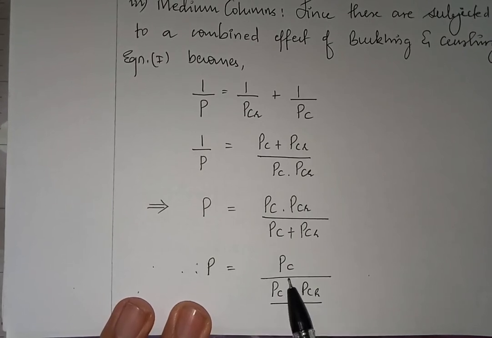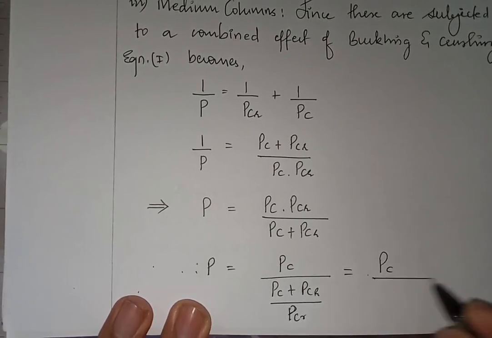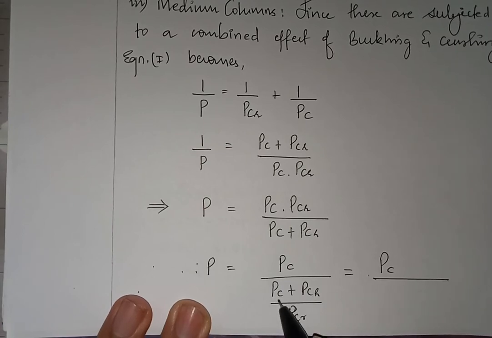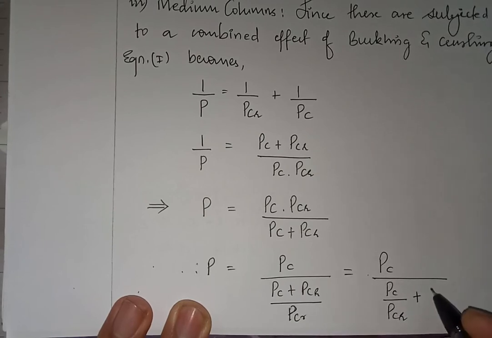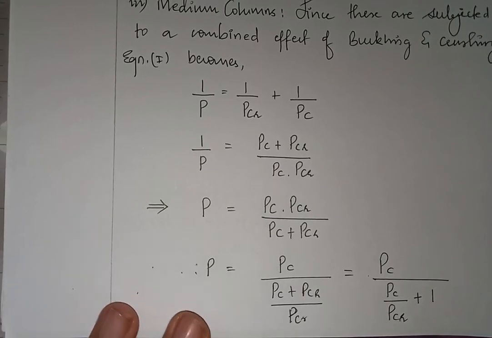The value remains the same. It is A divided by B by C, so it is A into C divided by B. If we simplify, you will get the same expression once again. So you can write it as PC divided by PC divided by PCR plus 1, because PCR and PCR will divide and its value will be equal to 1.